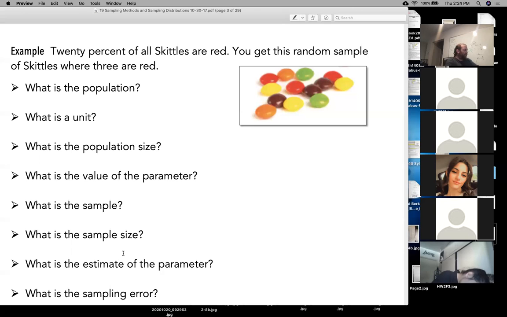So what is the sample size? 13. That's the size of our sample. Now, what is our estimate of the parameter? Based upon our sample, what would we think the proportion of red Skittles is?